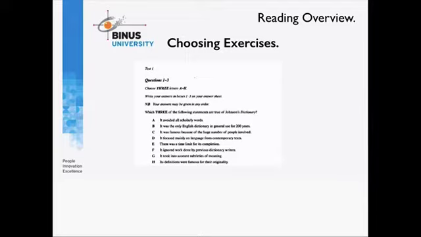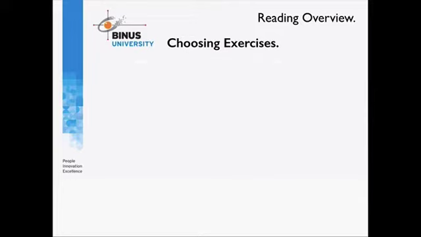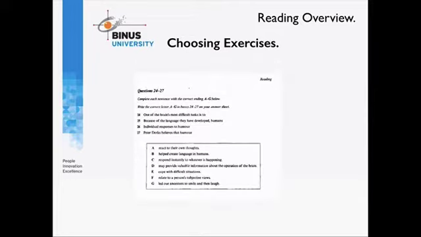Notice the question, which 3 of the following statements are true? And this is another example. Notice here that your choices, you've got 7 choices, but 4 questions. So once again, there will be some choices that you do not use.